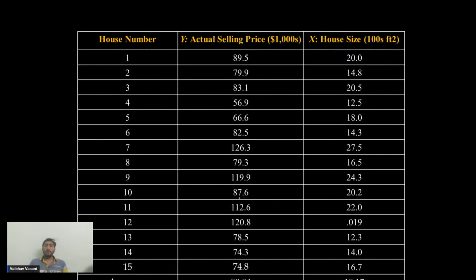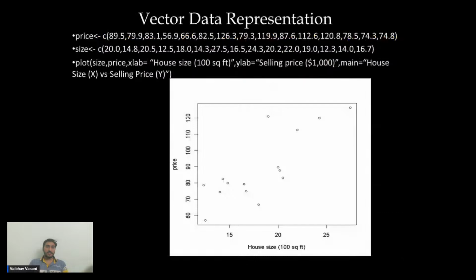Bhuneshwar, now I'm coming to your question. This is a data set of y and x, or house number. So y and x are with us, and we have to calculate m and c. The model will give this y, m, and c in linear regression. This is the data set: this is the price and this is the size.